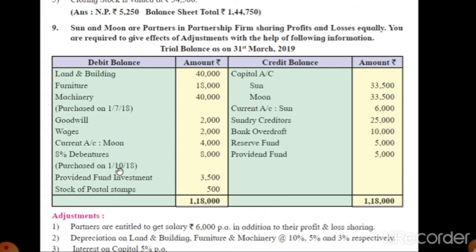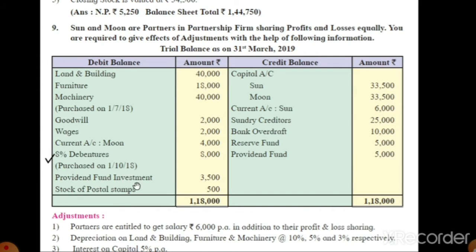From 1st October 2018 to 31st March 2019, total 6 months interest we have to calculate. So it is the hidden adjustment, and we put a tick mark before the debentures.